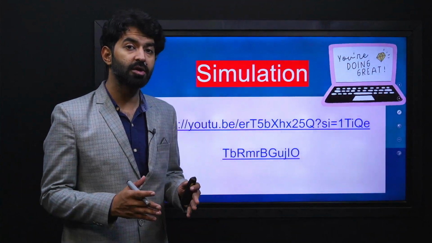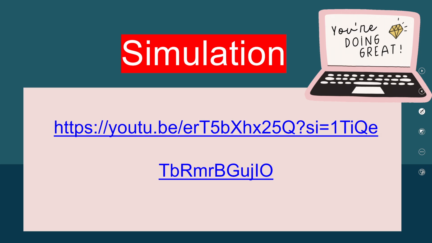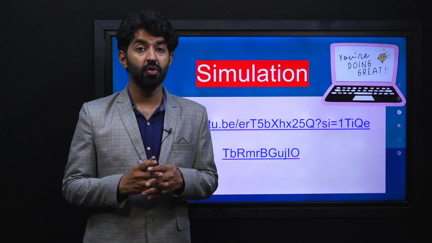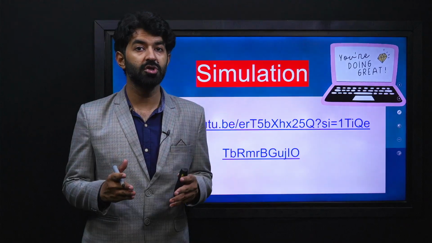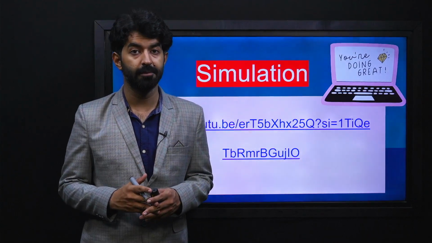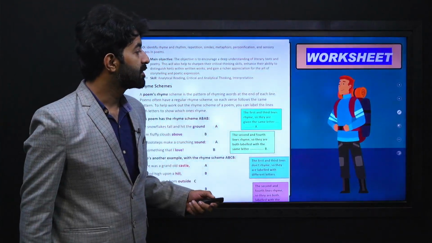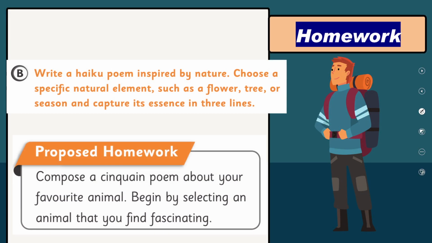Now, this is your simulation video for better understanding that you can watch later, and you will learn more about figures of speech and how we can use them effectively. This is your worksheet to solve, and let's talk about the homework. From the book's page, for B, you will be writing a haiku poem as we talked about it, inspired by nature.